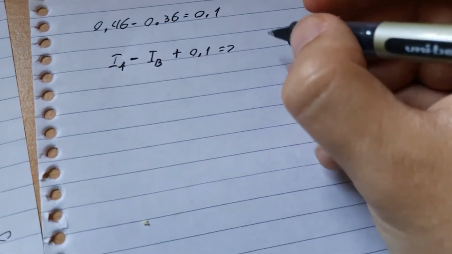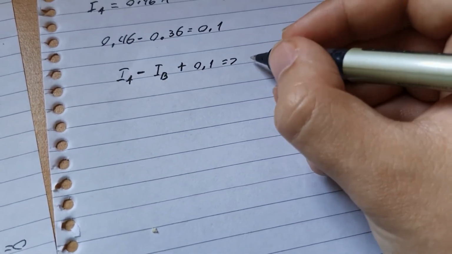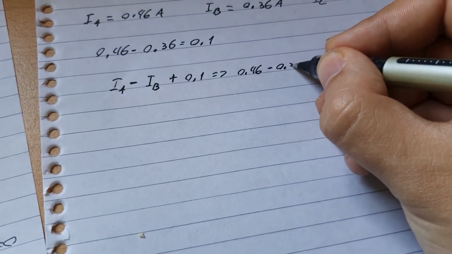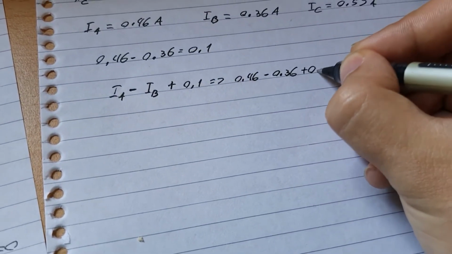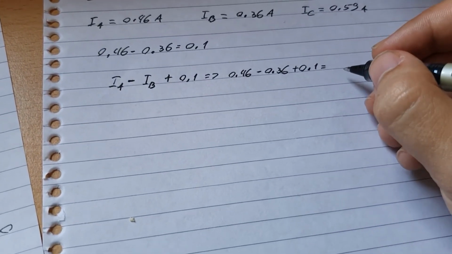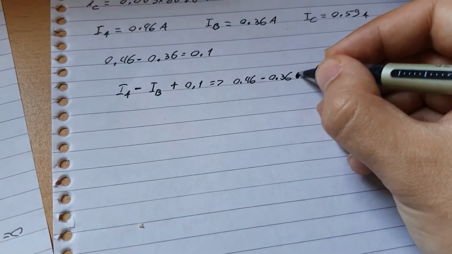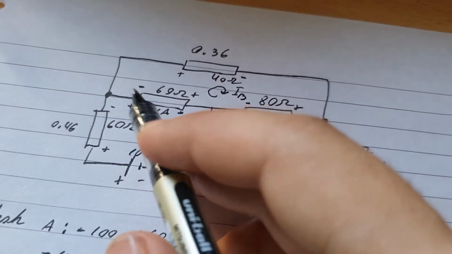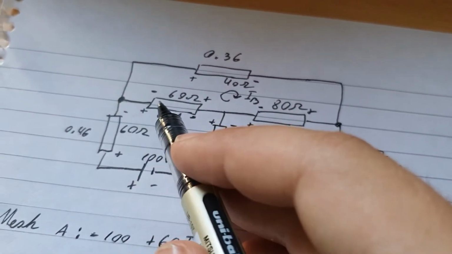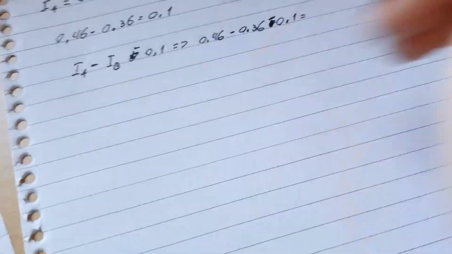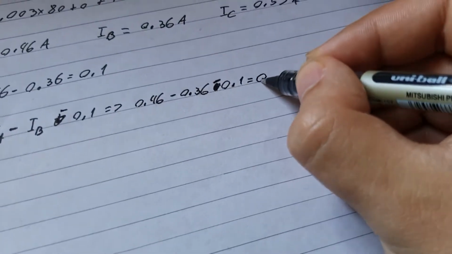Therefore IA is 0.46 minus 0.36 plus 0.1, and all of it will be equal with, oh no, sorry, it's minus here, because that's the output. So currents that are coming out from this node are negative. Anyway, that will give us 0.